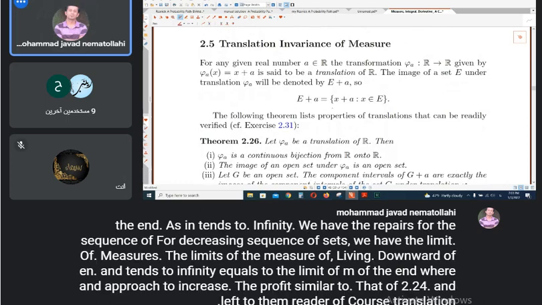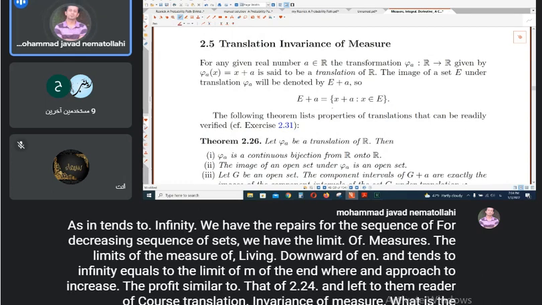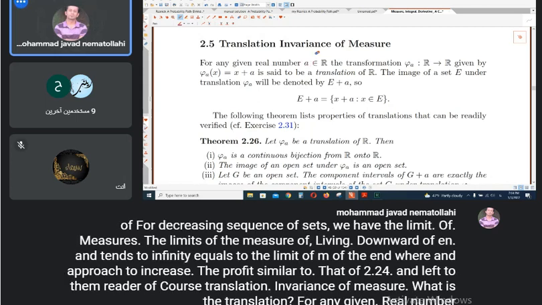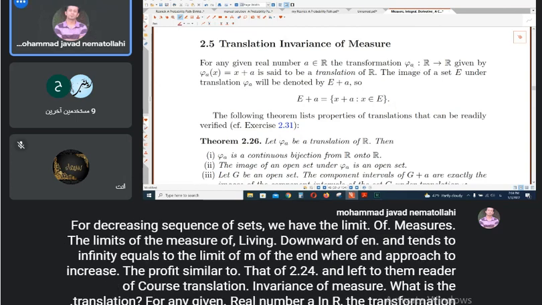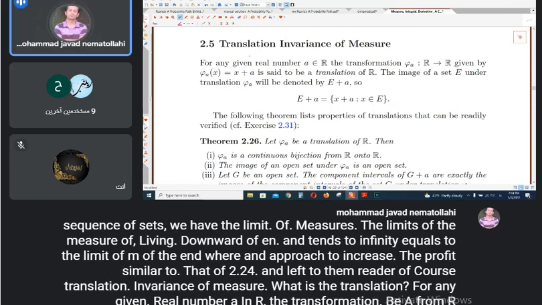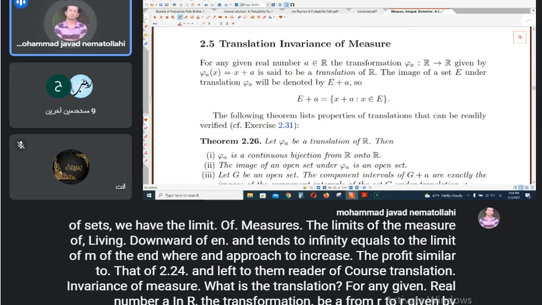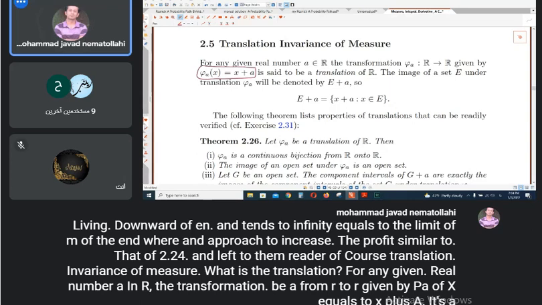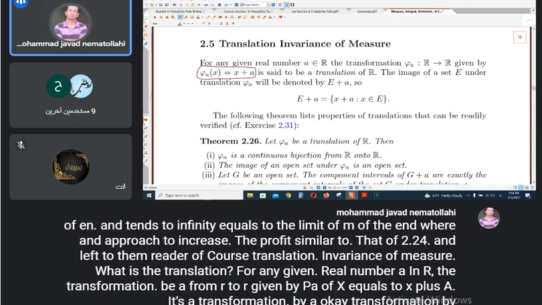Translation invariance of measure. What is a translation? For any given real number a in R, the transformation P_a from R to R given by P_a of x equals x plus a is a transformation by a. It is said to be a translation.